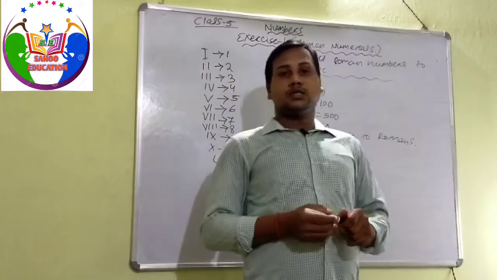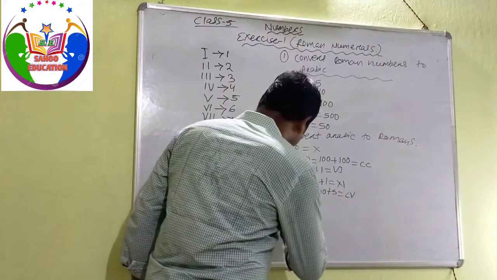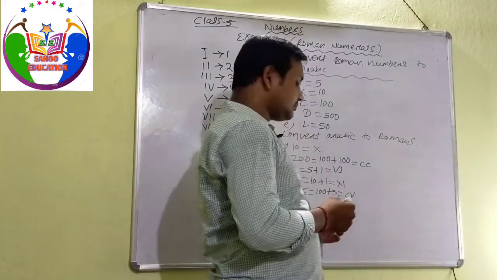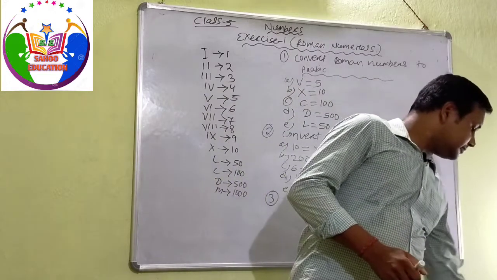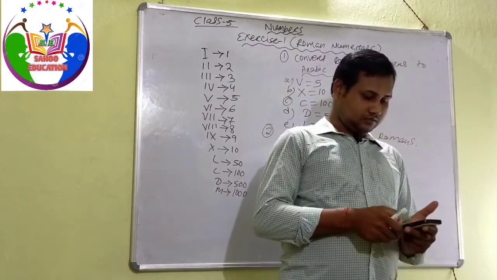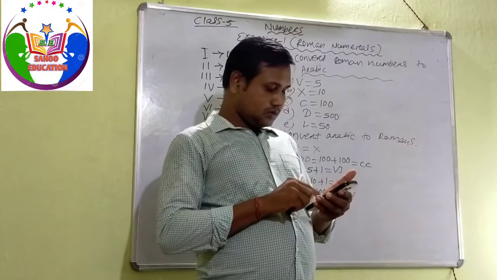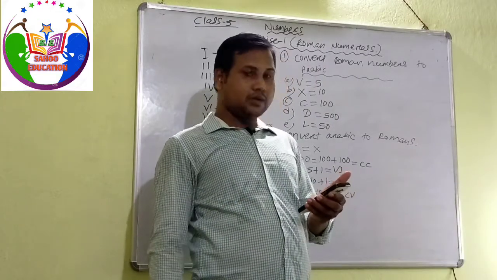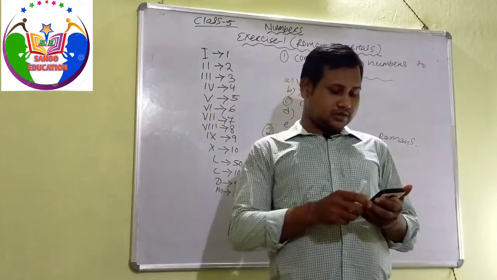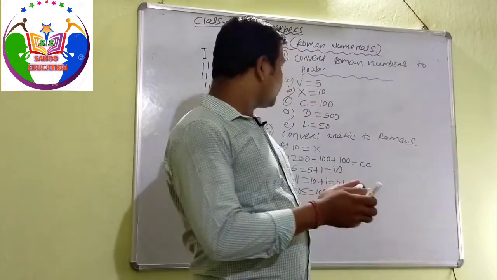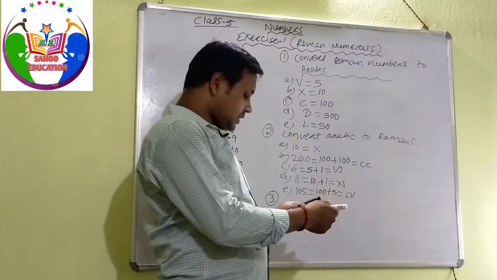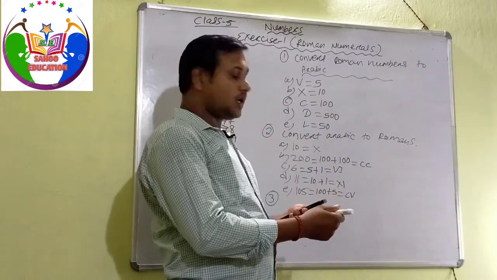Now we will discuss question number 3. Here it's given, convert the following to Arabic numerals. So some of the Roman numbers are given, we have to convert into Arabic.